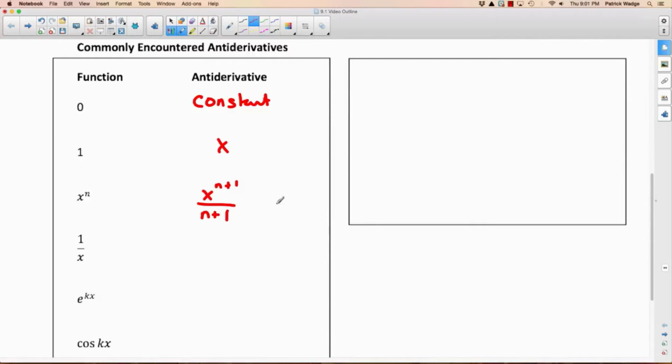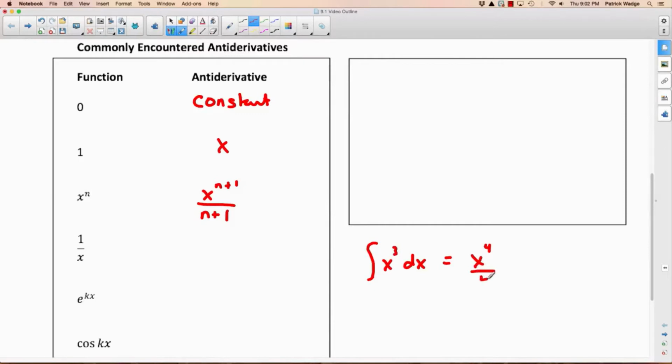In fact, let's take a look at one of those right now. Let's say we want to take the antiderivative, or the integral, of x cubed. Remember, the integral sign and the dx just tell you we're taking the integral. It's x cubed which we're actually taking the integral of. So according to this formula, I would raise this 3 by 1 more, which is x to the 4, and also divide by that same amount.